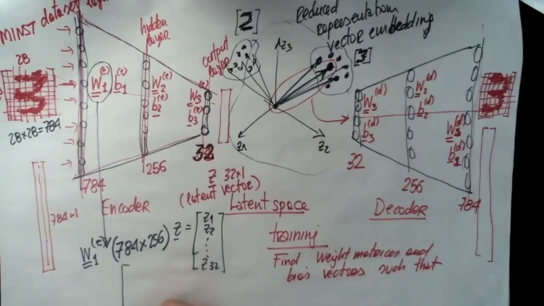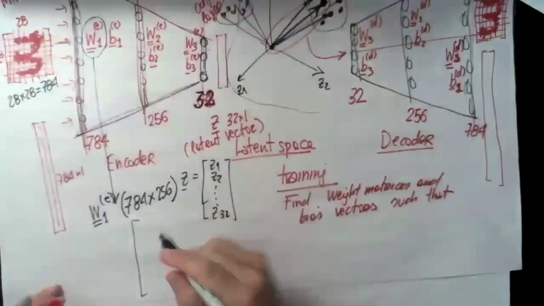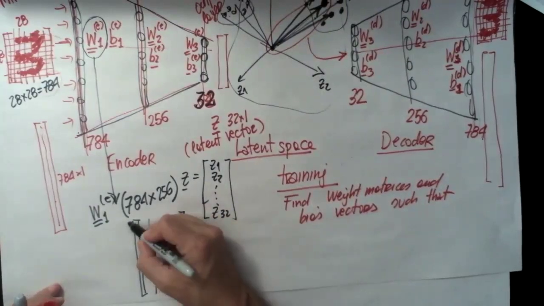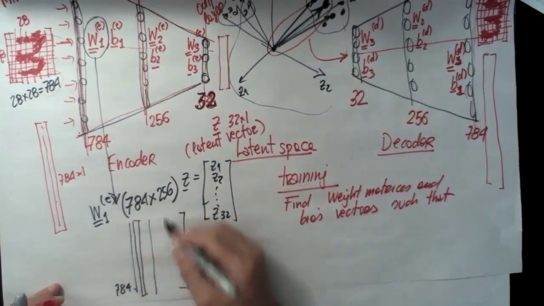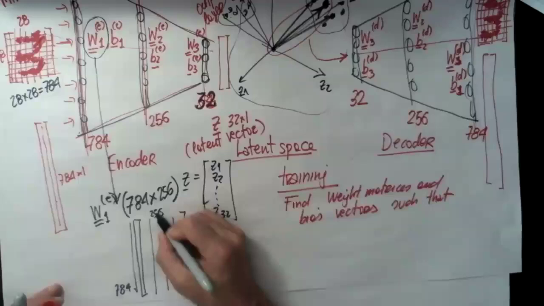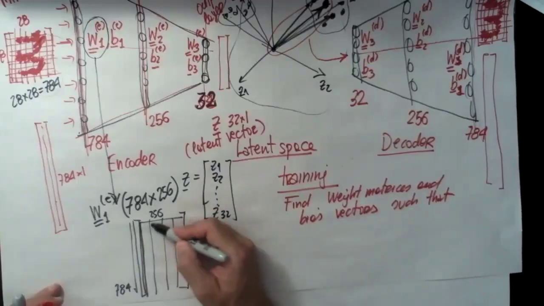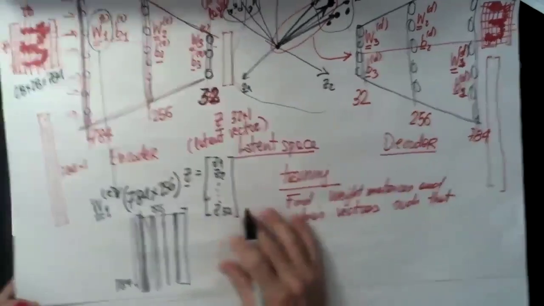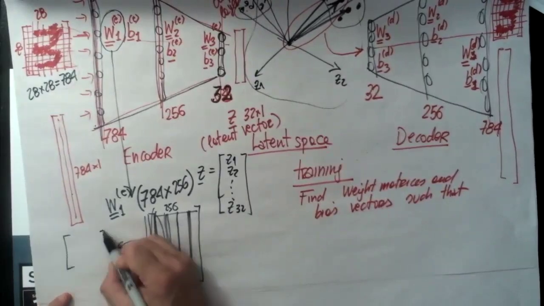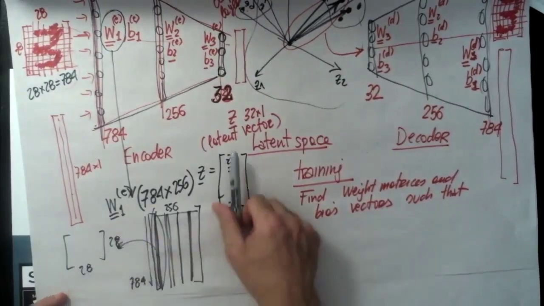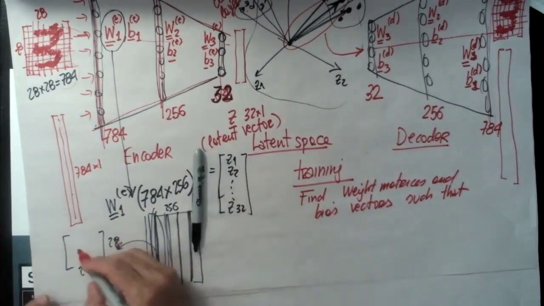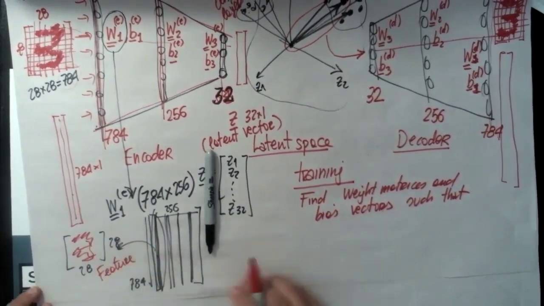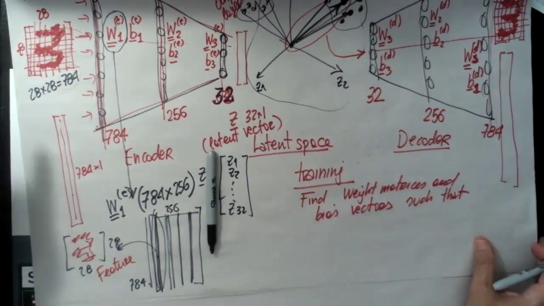We can represent this matrix like this, in which the columns of this matrix have the same size of 784, and then we have 256 features. The columns of our weight matrix can be reshaped as 28 times 28 images and correspond to features that the autoencoder learns about our data.